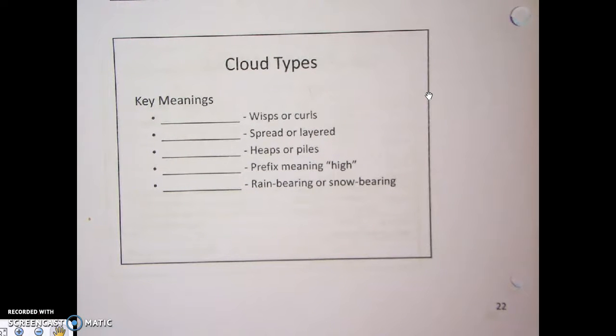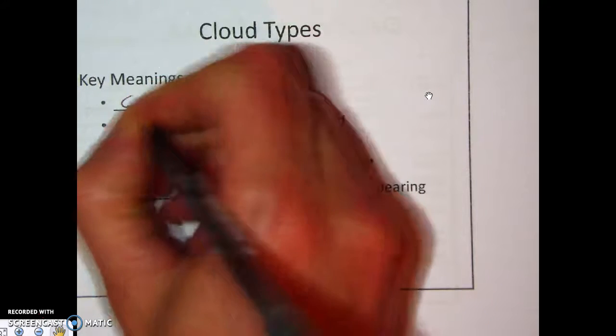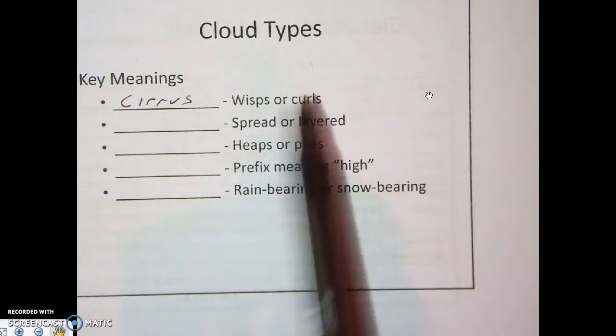When we're looking at clouds, there's some vocabulary words that help us understand them. So first of all, one of the words is cirrus. So a cirrus cloud is one that has kind of like wisps and curls to it.